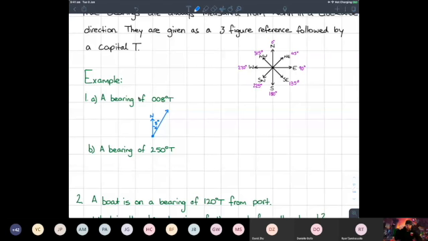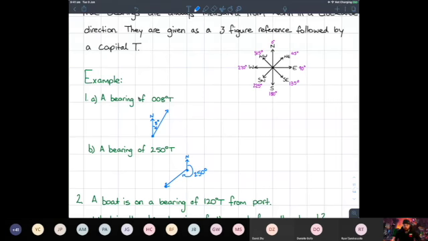That just helps me mentally picture what my diagram might look like. So if I pick a point, draw my north arrow, and then rotate clockwise 250 degrees, that would be a bearing of 250.